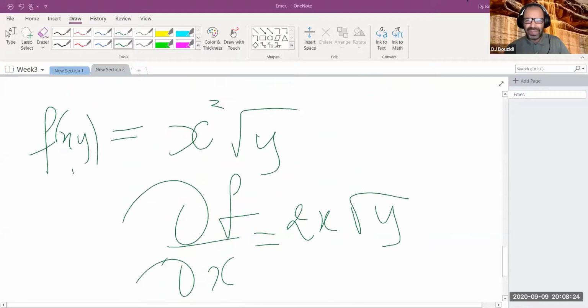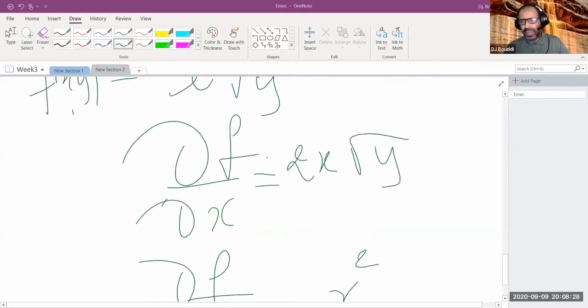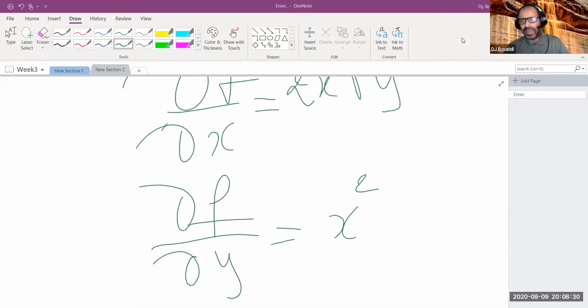Here is the derivative. Again, x squared is constant, so the square root of y is the one whose derivative I have to find. What is the derivative of the square root of anything with respect to that thing?